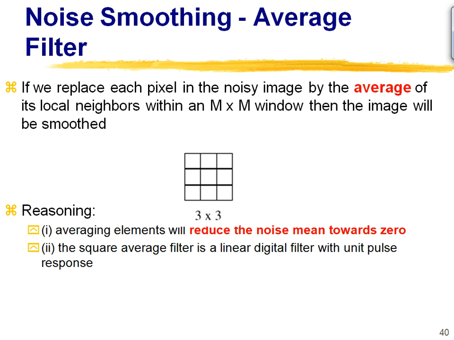Now, if these are my weights, and this is my image, can I write this weighted averaging operation as a convolution operation? Certainly I can, right? All I would do is flip this guy, flip that guy, shift it to any position I want, and take the sum, the linear convolution, right?